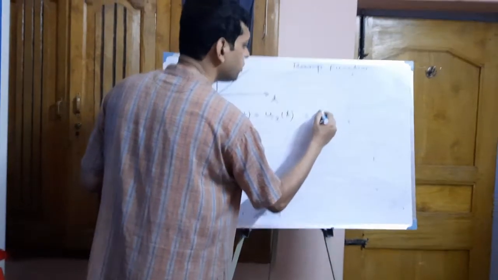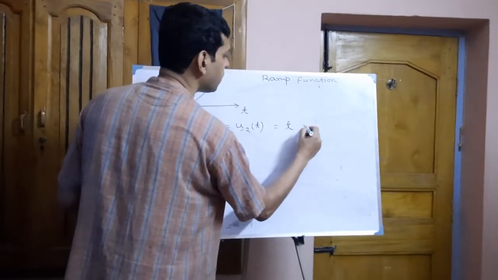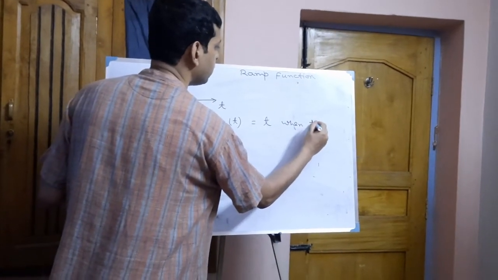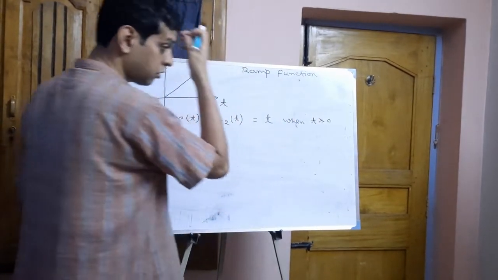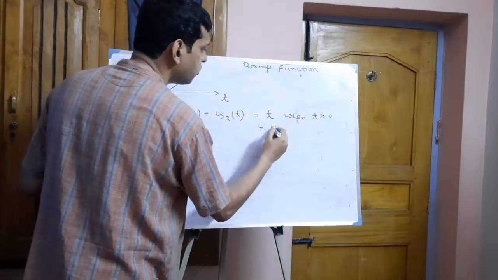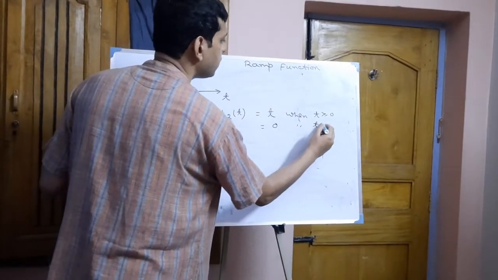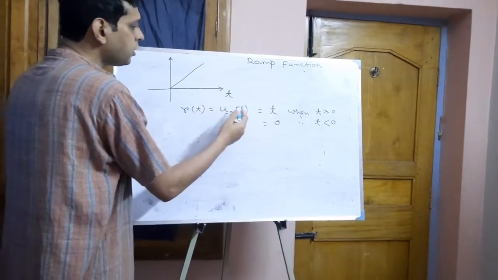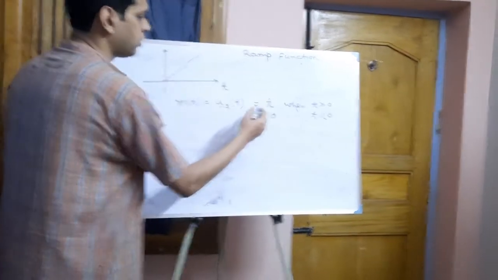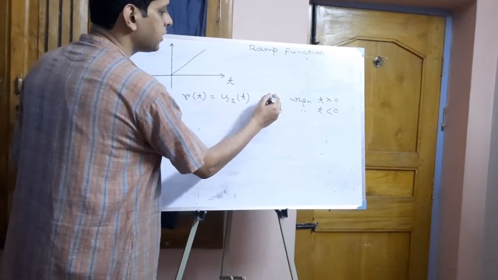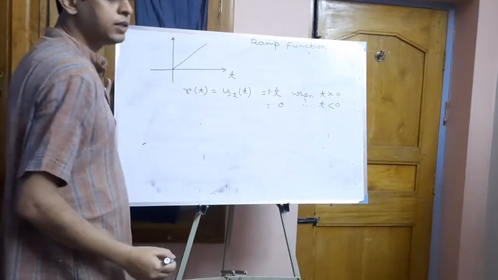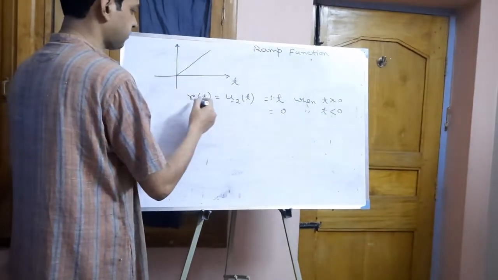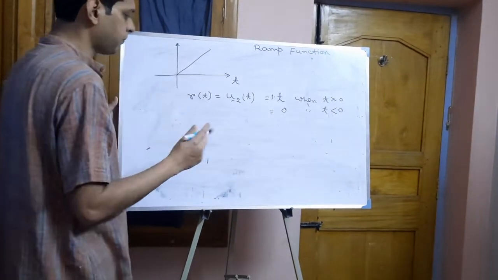This is equal to t when t greater than or equal to 0, and this is equal to 0 when t less than 0. This is called unit ramp function because the gradient is 1 here, and this passes through the origin.